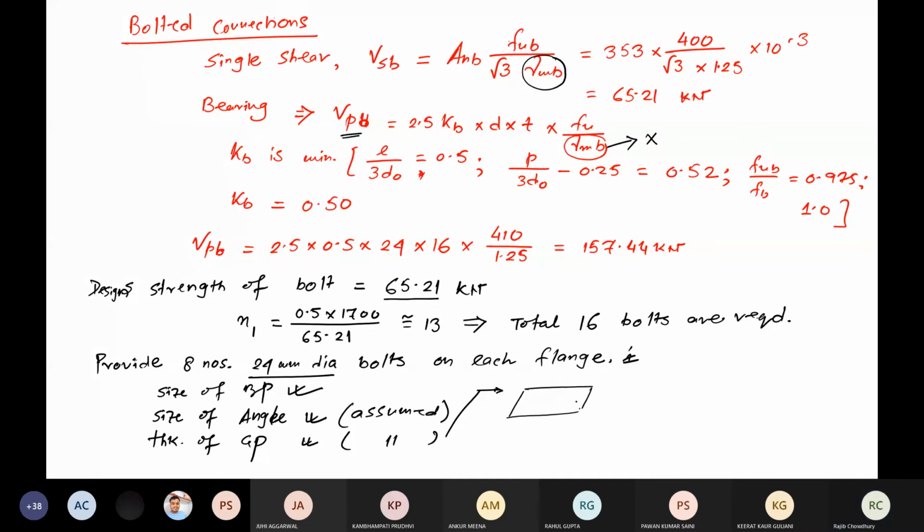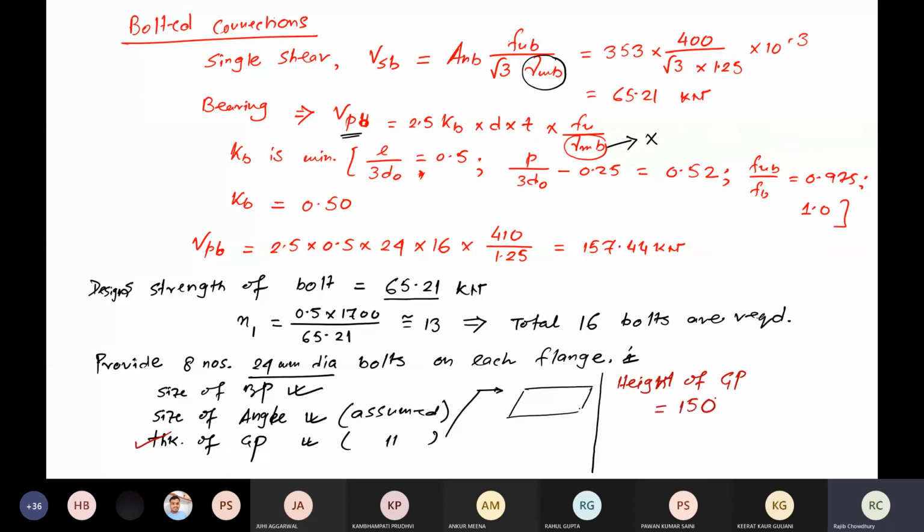In some cases, people generally omit this with a remark that this much thickness is required for the gusset plate. But I'm going a little further here: the height of the gusset plate, how much is required.